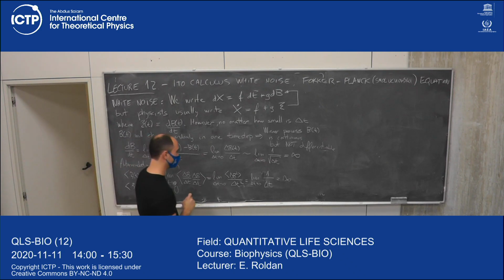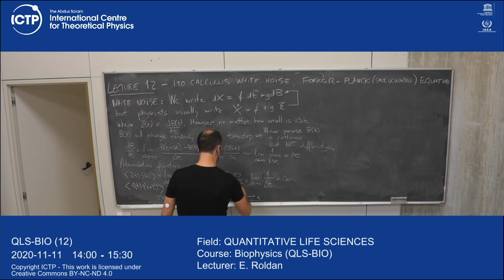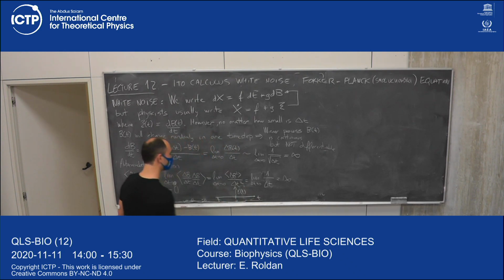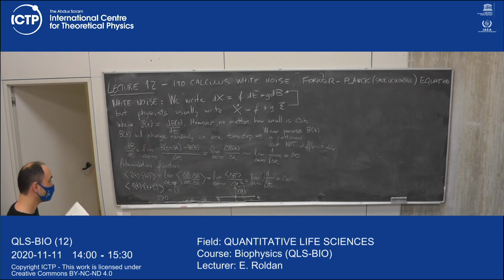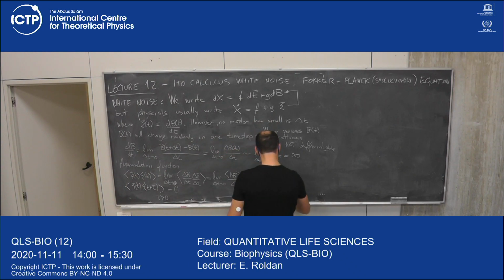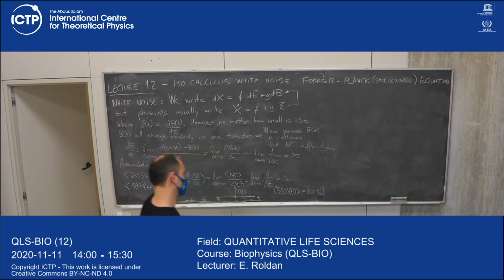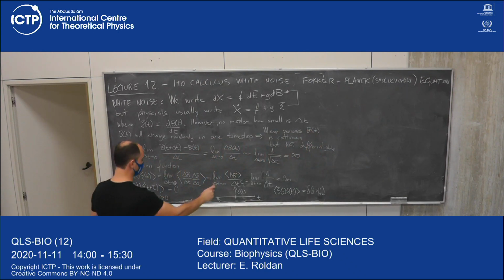There is one function that is Delta Dirac. Delta Dirac, exactly. So Delta Dirac, this is t. It is 0 everywhere, except at 0, which is infinity. So this implies that this noise, when you do psi of t times psi of t prime, is delta Dirac of t minus t prime. Okay, this is the function, the delta is a function that has these properties.